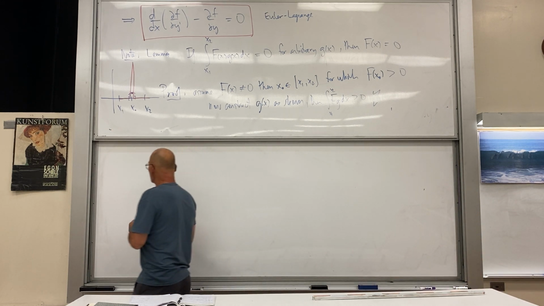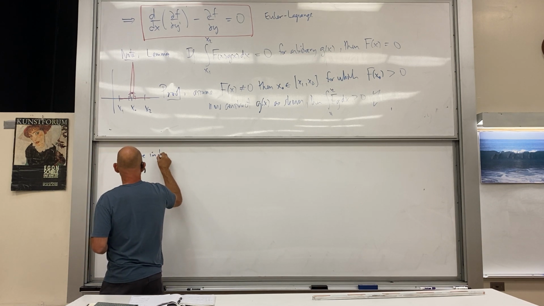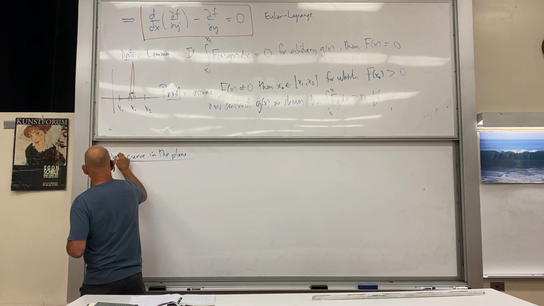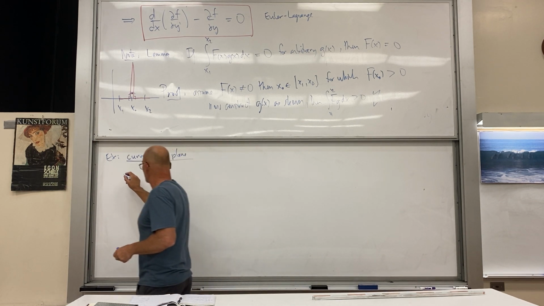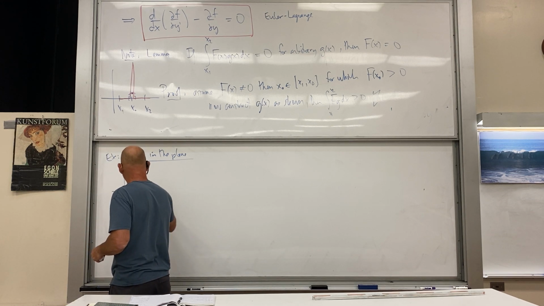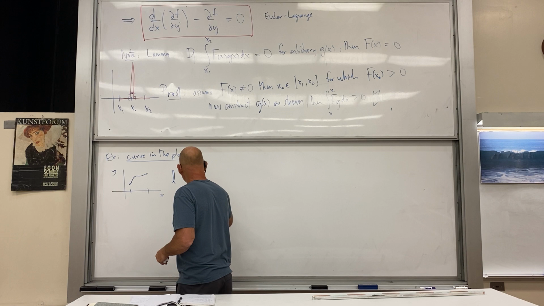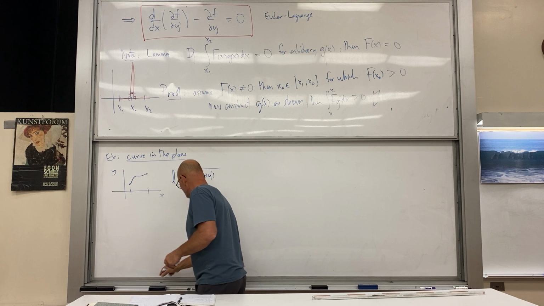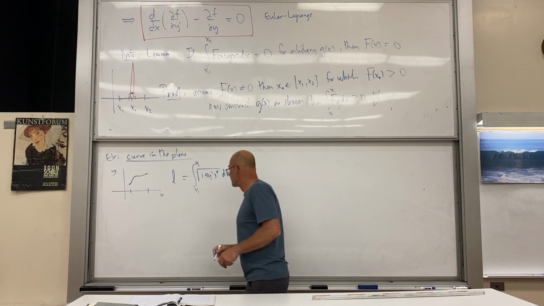Okay, the example was the curve in the plane example. So the curve in the plane example was this one. And we had L equals integral root 1 plus y prime squared dx.